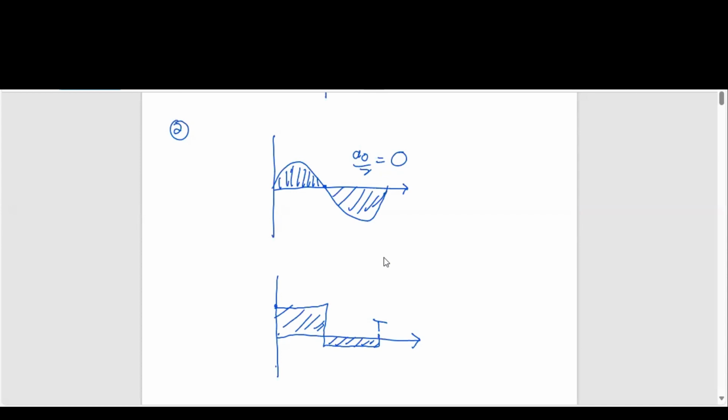You could have looked at the graph and seen this graph here has a DC component. So when Miss asks you, after you look at the graph, you say that since the area above the x-axis is equal to the area under the x-axis across a period, there is no DC component. That is something to remember.